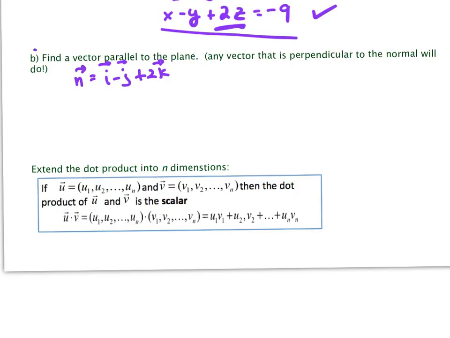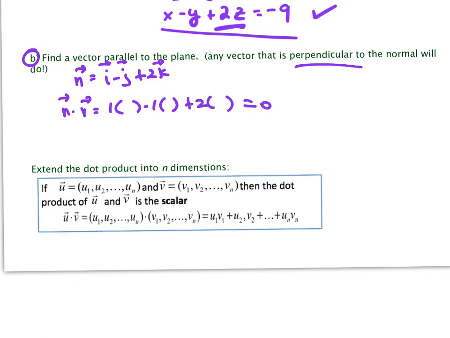For part B, it says find a vector parallel to the plane. Well, anything that is perpendicular to the normal will be a vector parallel to the plane. So if I want to find this a different way, I can take these values, knowing that any vector I pick, when I do the dot product with the normal, I'm going to get 0. So 1 times negative, plus 2, this will all equal 0.